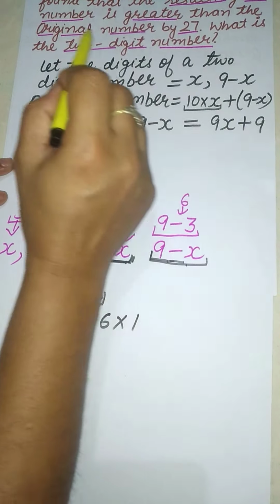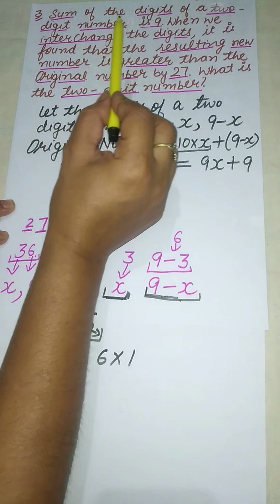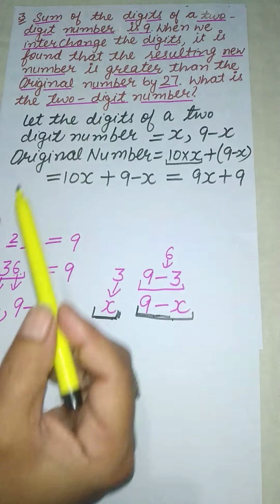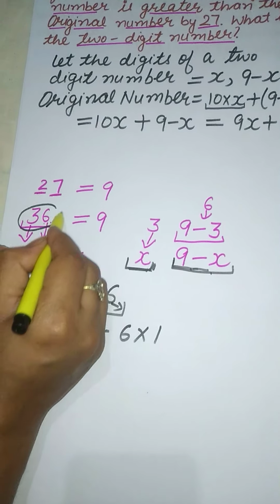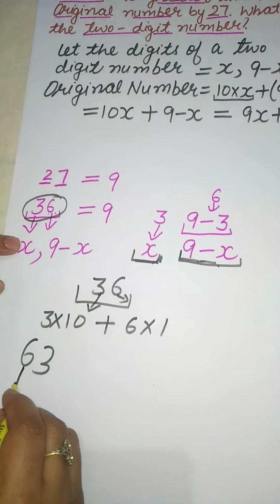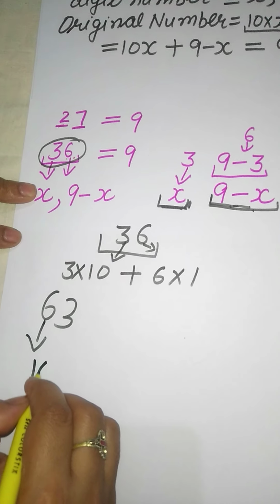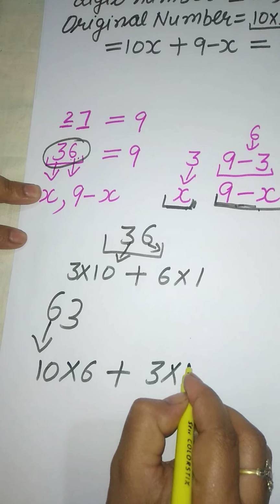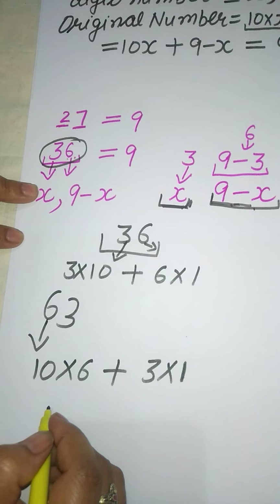Now the next line is, when we interchange the digits. It means if I have written here 36, if I write it as 63, now I will take 6 on the 10's place and 3 on the 1's place.